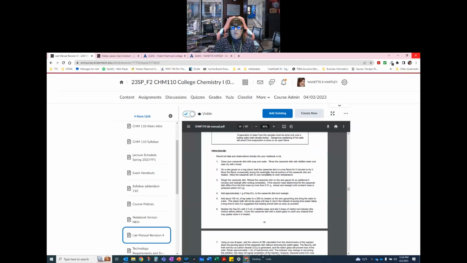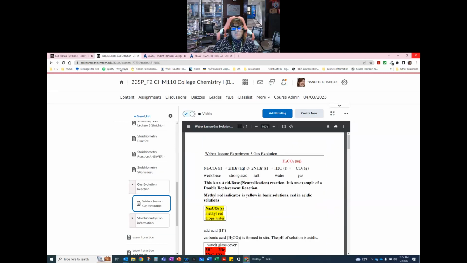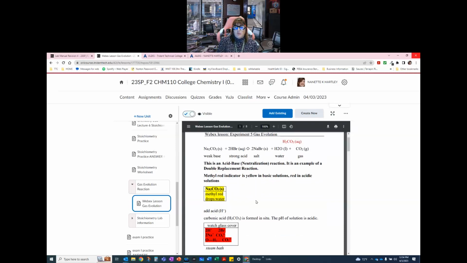Now this walks you through what would physically be done to make this happen. So we take our weak base, we add a strong acid to it, we make salt, the NaBr that we're going to collect, water and CO2 gas. Now, because we need to make sure that we've gotten this all the way over, we put in some methyl red indicator, which is yellow in basic solution and red in acidic solutions.